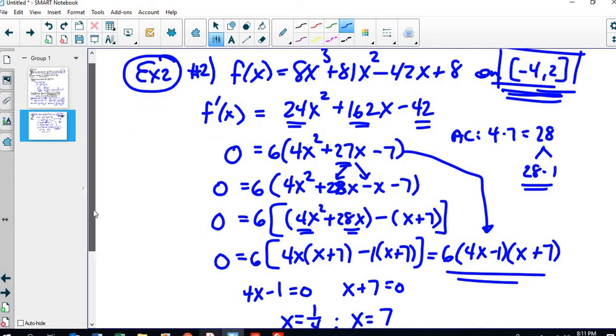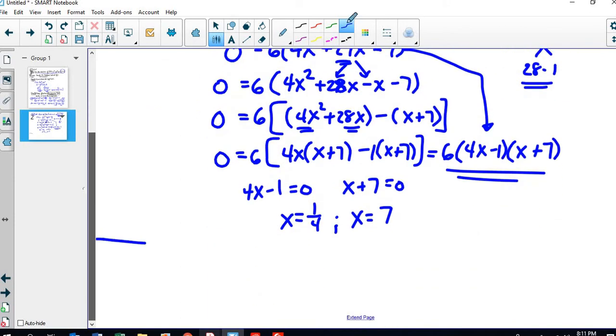Our candidates are both 1/4 and -7. I missed a negative sign here. If you subtract 7 from both sides, you get -7. Well, -7 certainly is not in our interval, so while I want you to find this, I do not want you to test it. I want you to dump it, get rid of it.